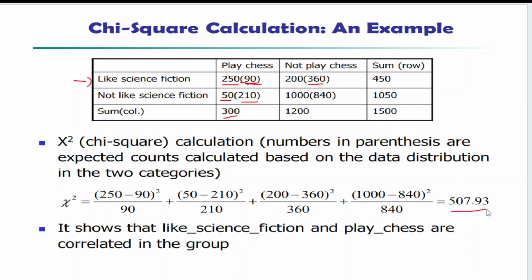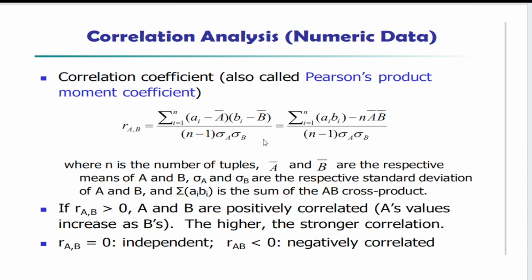So this gives you the value 507.93. So it shows that science fiction and playing chess are correlated to each other in a group. That means playing chess and liking science fiction movies will always be correlated within the group.